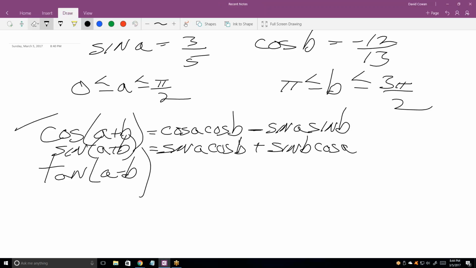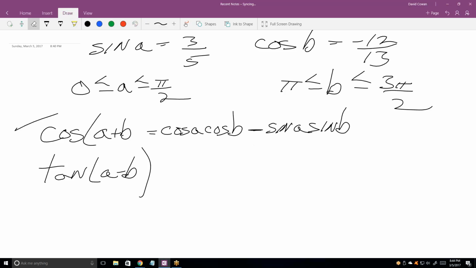Right. Okay, so let me erase the sine one. And let's fill in. What's the cosine of A equal to? In other words, one of the most fundamental things of trig is if they give you one trig function, you can figure out all six of them.